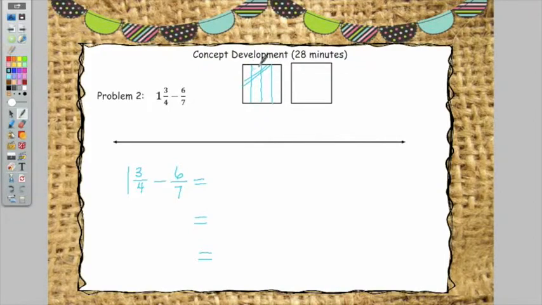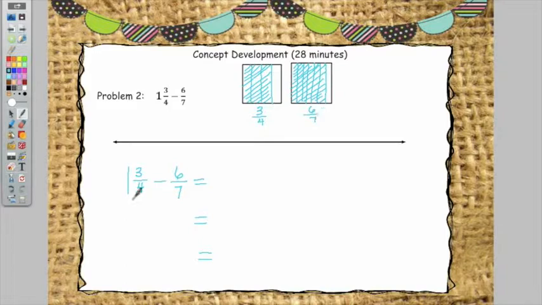So this would be 3/4. And 7ths is hard to make. I need 6 lines. And this is 6/7. Now I'm going to ask the question again. They're not equal, 3/4 and 6/7. Which one's larger? 6/7.